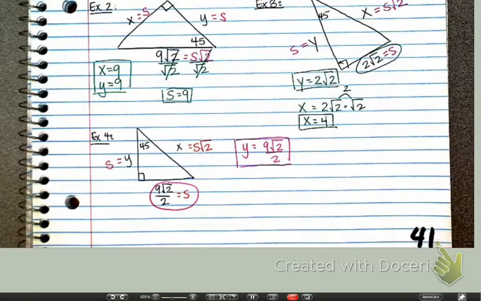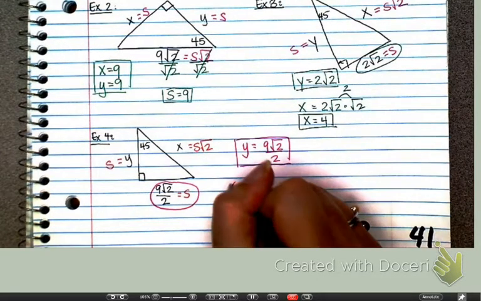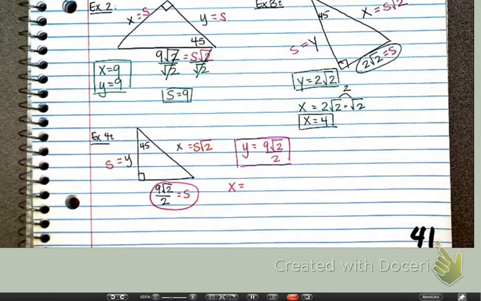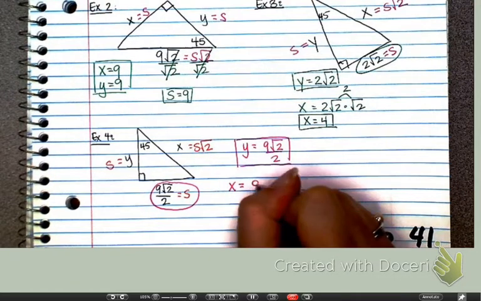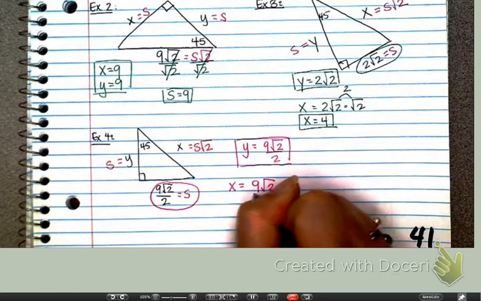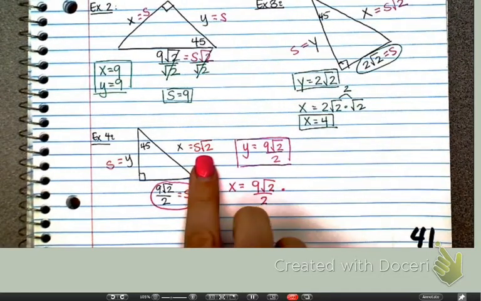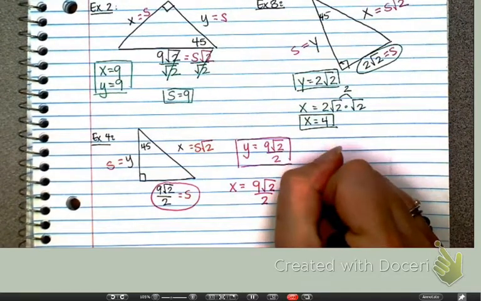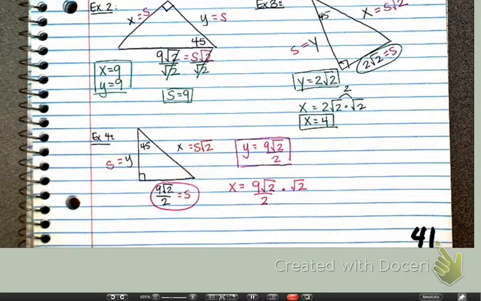You have it. Did you plug it in? Look at it again. So when I plug S in, S is 9 radical 2 over 2, and I need to multiply still by that radical 2. Do you agree with that? Okay.